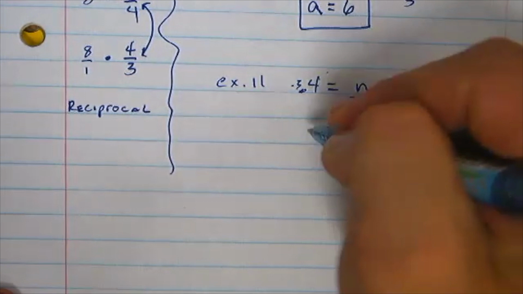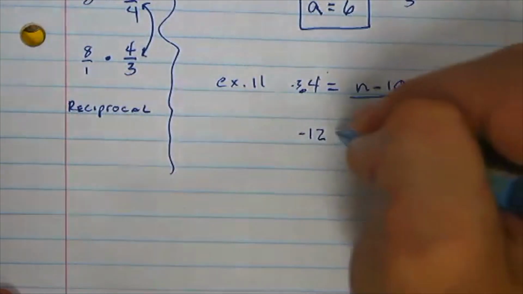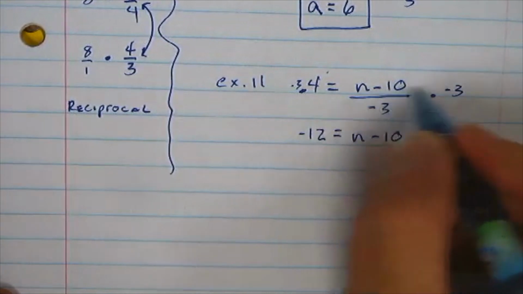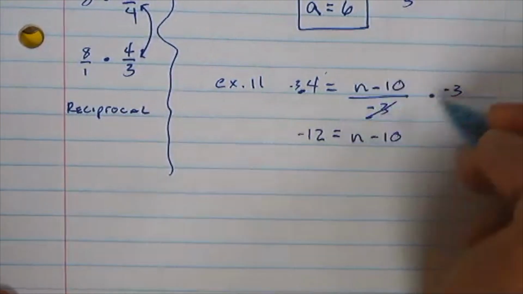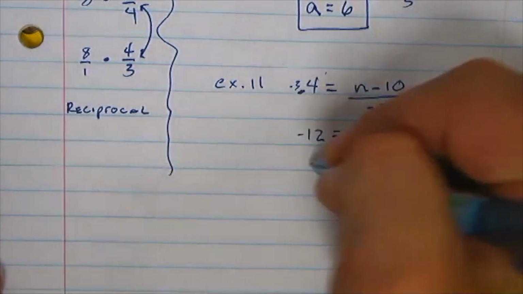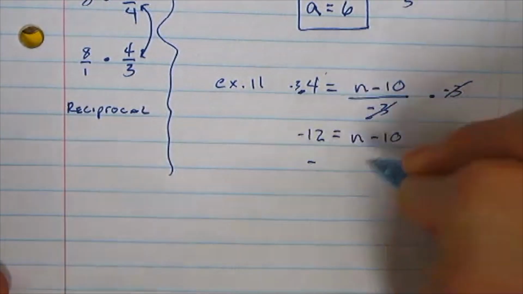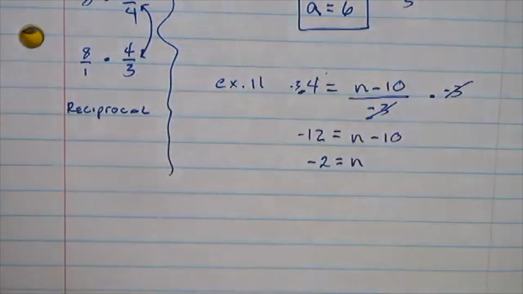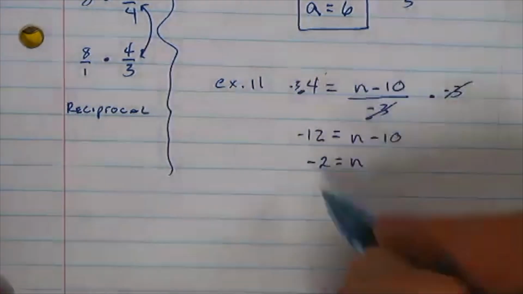So we've got negative 3 times 4, that's negative 12, equals n minus 10, because the whole point was those two are going to cancel each other out. And I've kept things balanced, so I haven't changed anything. So negative 12 equals n minus 10. I know I'm going to add 10. Negative 12 plus 10 is negative 2. So that's the solution.